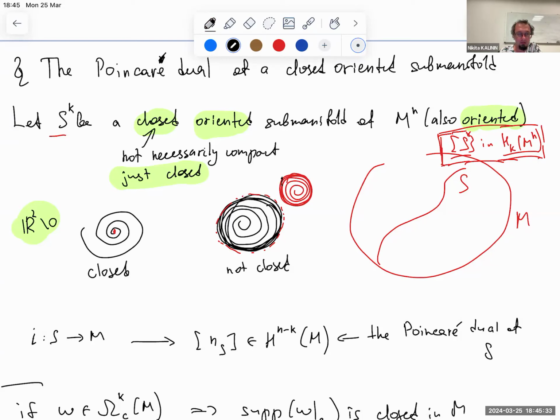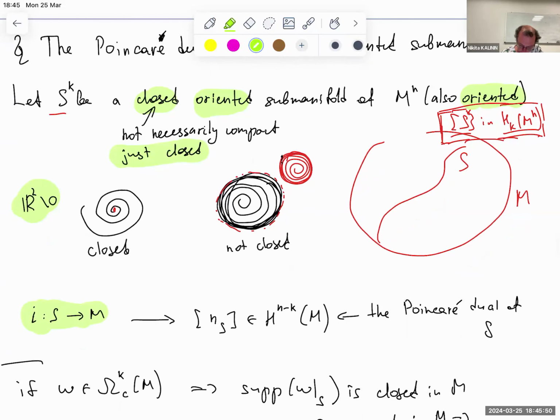Okay, so for such S, we want to consider the following thing. We have an embedding, a map from S to M. And let's define the Poincare dual of S. That will be a class in cohomology of degree n minus k.